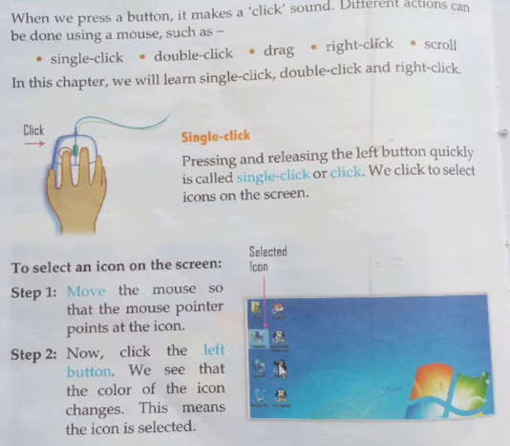When we press a button, it makes a click sound. Different actions can be done using a mouse, such as single click, double click, drag, right click, scroll. In this chapter, we will learn single click, double click and right click.